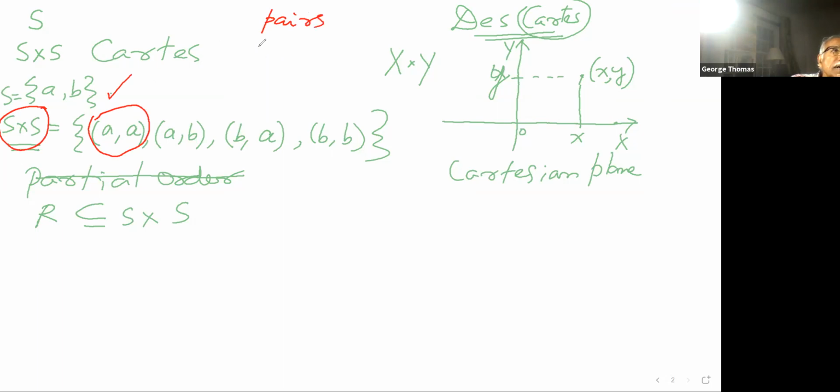It doesn't have to be S with S. If I had another set, you can have a Cartesian product of one set with another set, just like X here and Y here. But only when this is also S can we talk about partial orders. But even if this was T, we could have relations.